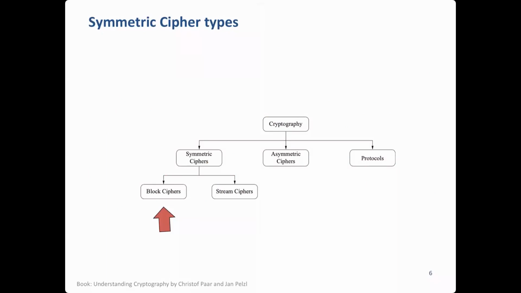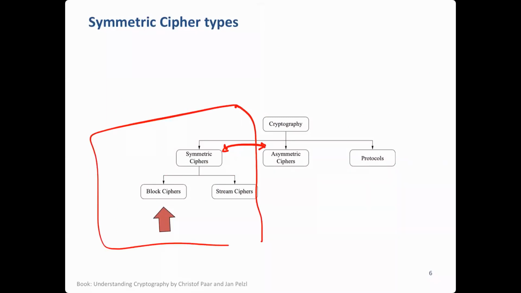Ciphers, or encryption and decryption put together, are of mainly two types, symmetric and asymmetric. We are right now in the symmetric part, and in symmetric there are also two types of ciphers. First is block cipher, second is stream cipher.